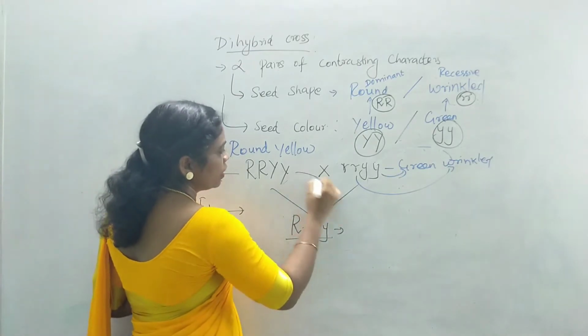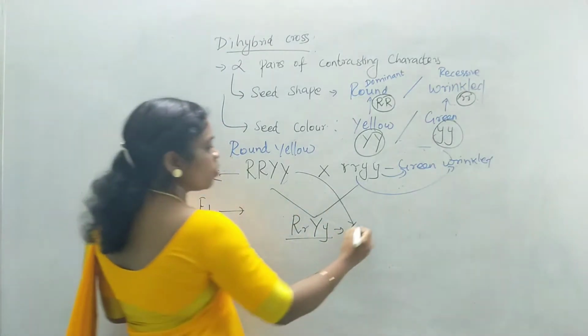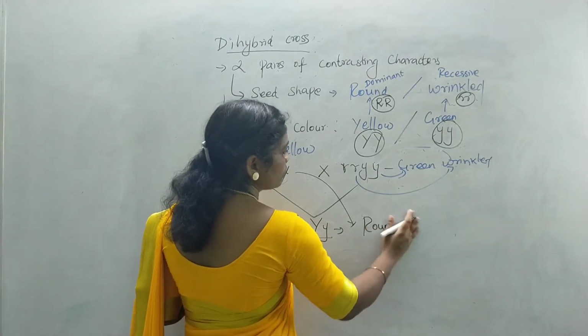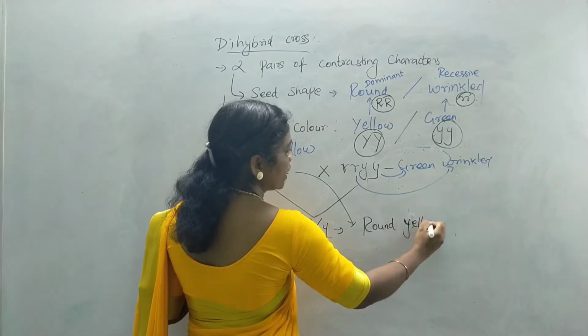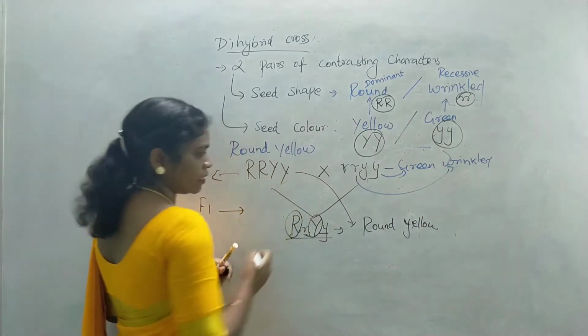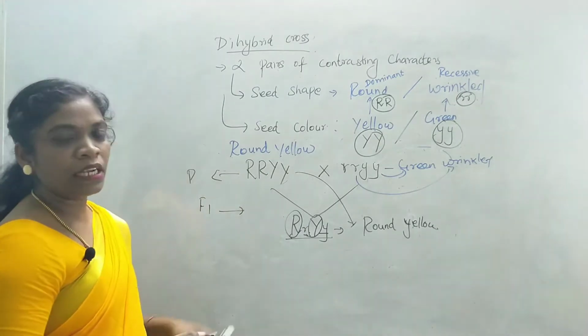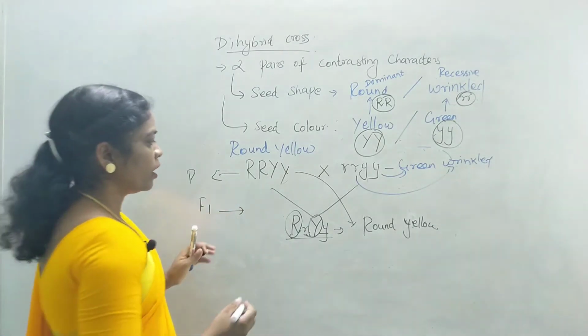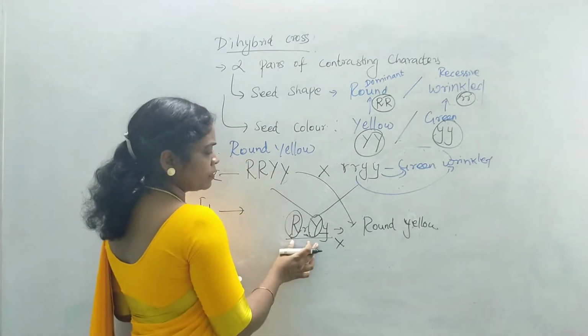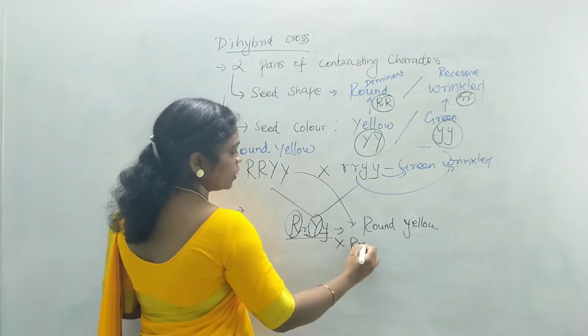Even so, the dominant character was expressed, where all the offspring exhibit round and yellow color. That is the dominant character over the recessive form. So only the dominant will express the character. It happened in the F1 generation. But what he did was cross these gametes again with another gamete.